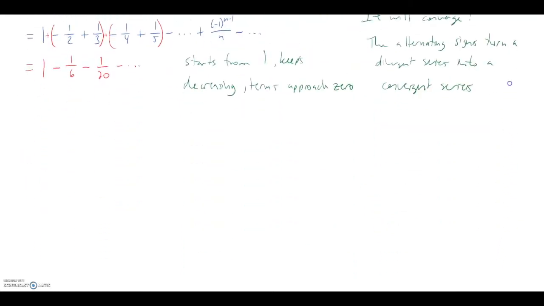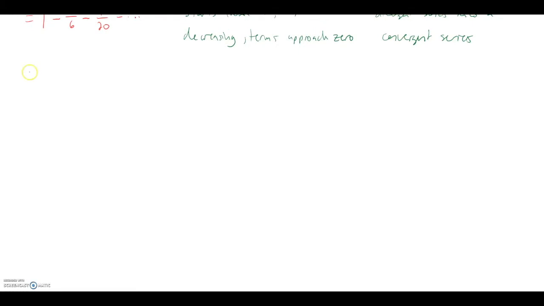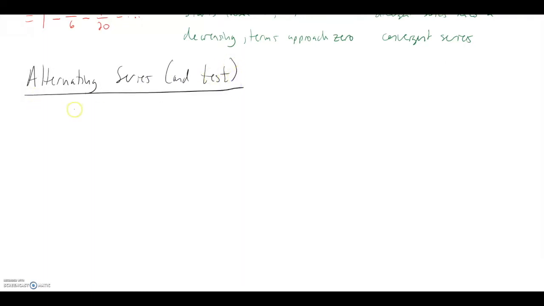So the first step is to formally define what an alternating series is, and also define the convergence test that goes with it. So an alternating series has either negative odd terms, so the first term, third term, so on.